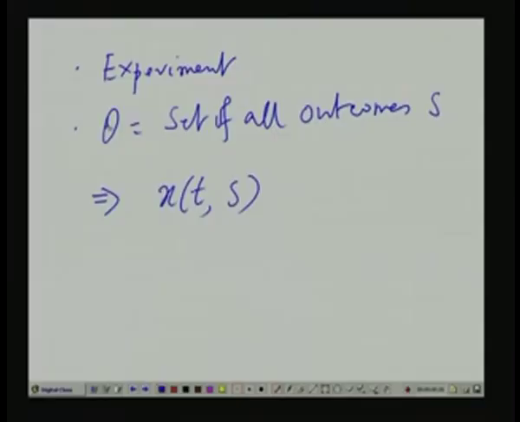The set of all such possible waveforms corresponding to all possible outcomes is called the ensemble. I will come to that. This process of assigning random functions to outcomes is called a stochastic process.